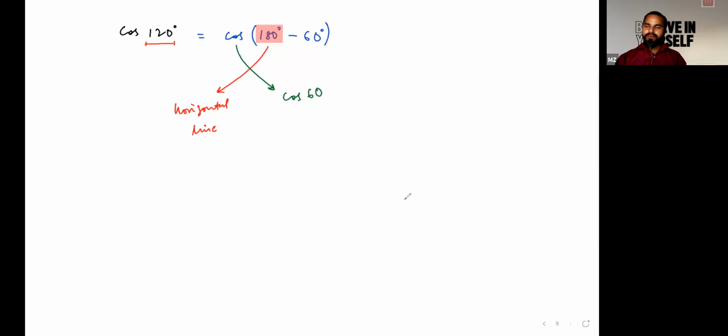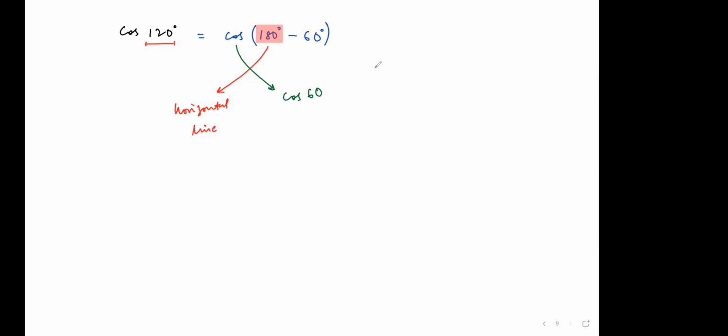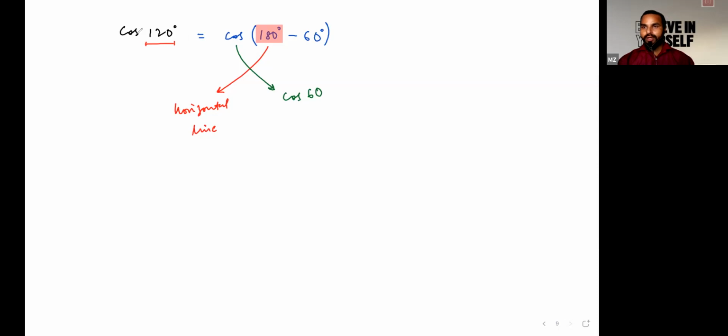In first, the angle would be 0 to 90 degree. In second quadrant, it would be 90 degree to 180 degree. So it must be lying in second quadrant. Okay. Yes, sir. Now check whether cos is positive or negative in second quadrant.